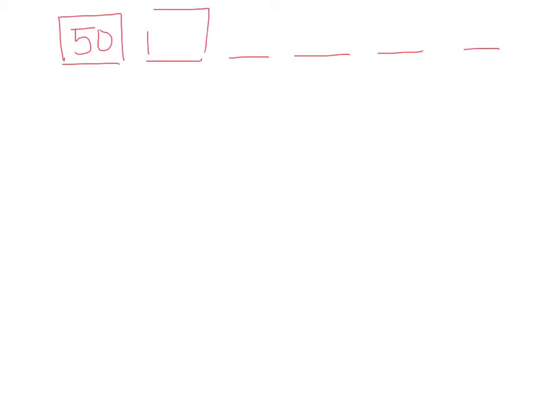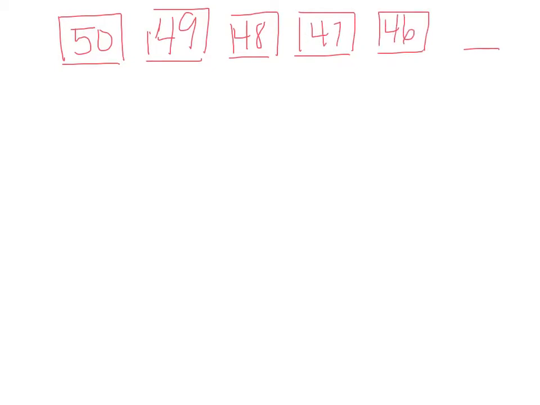So now, for the second number, we have 49 to choose from. And we keep that one out of the mix, and now we have 48 to choose from. And the pattern continues. Then we have 47 to choose from. We have 46 to choose from, and now we have 45 to choose from.